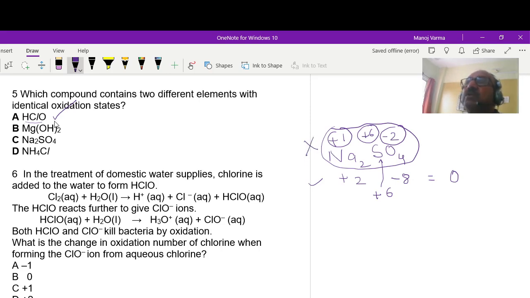I already told you that the other one is the correct answer, so other answers are wrong. I showed you Na2SO4. You can work out the other ones and convince yourself that in the others all the different elements have different oxidation states. So this is the way we attempt the questions based on oxidation number and redox reactions which are asked in your AS level board exams.